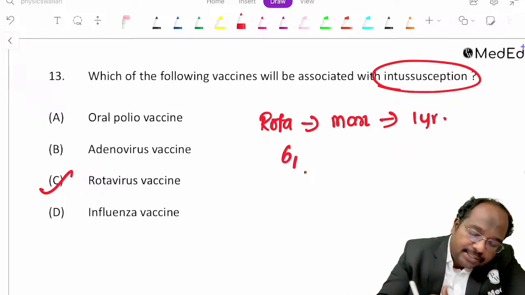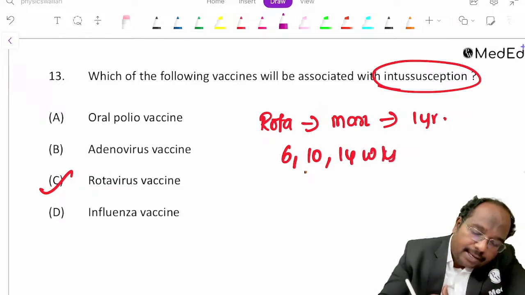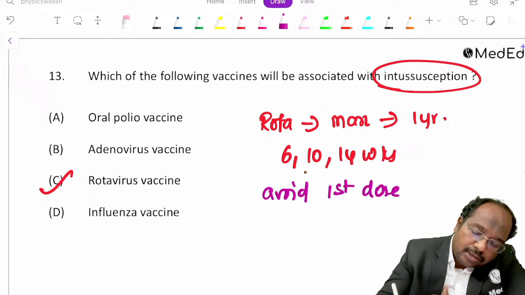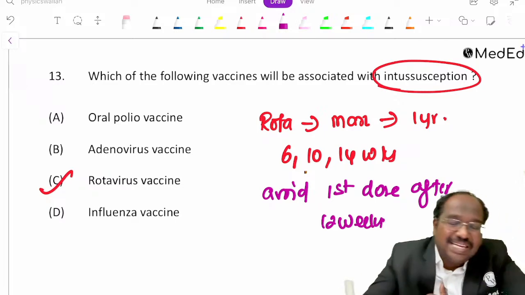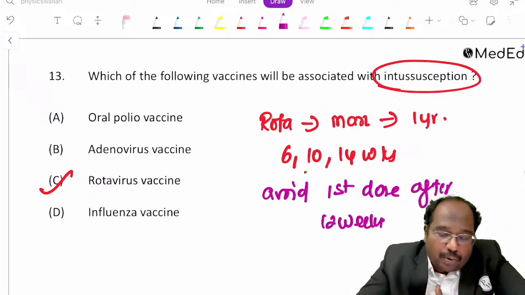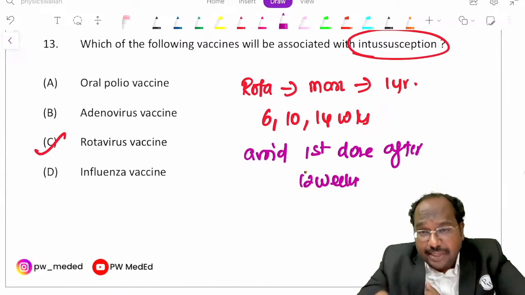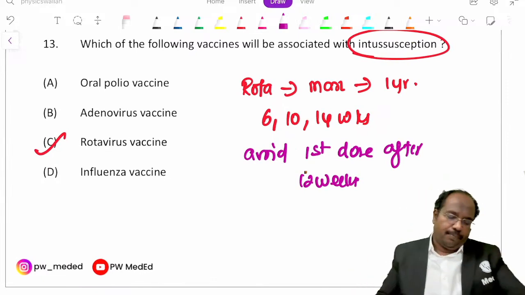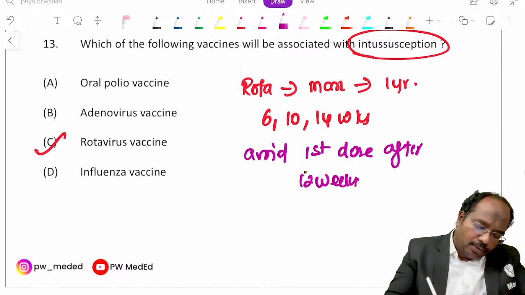The schedule is 6, 10, 14 weeks. But the key point here is to avoid the first dose after 12 weeks, as it can cause intussusception.